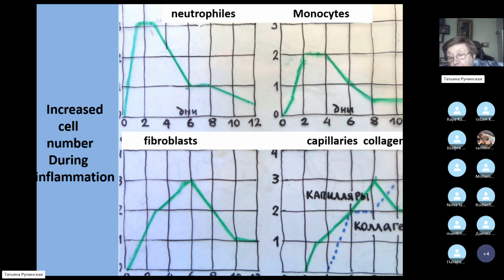And you see in the right lower corner there is a capillary, the green line, and there is the collagen. It means sometimes a scar may appear in the zone of inflammation.